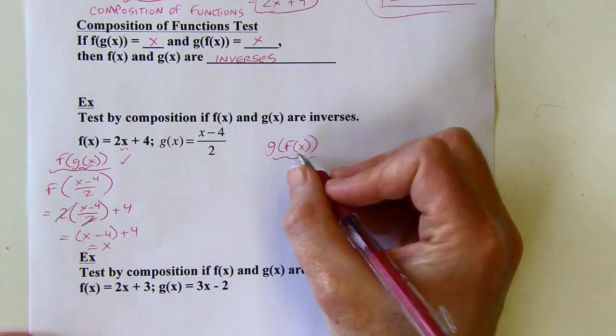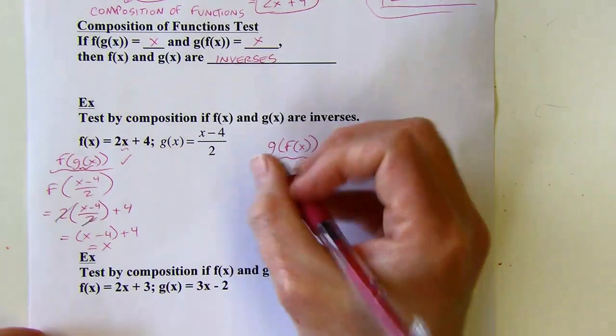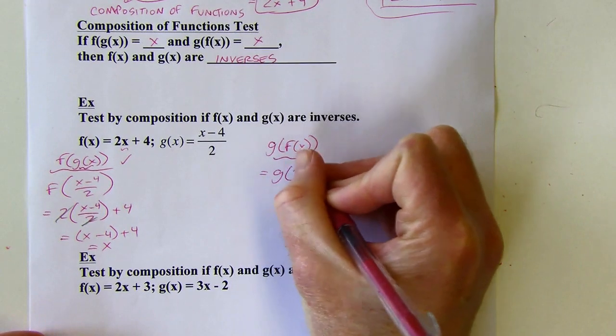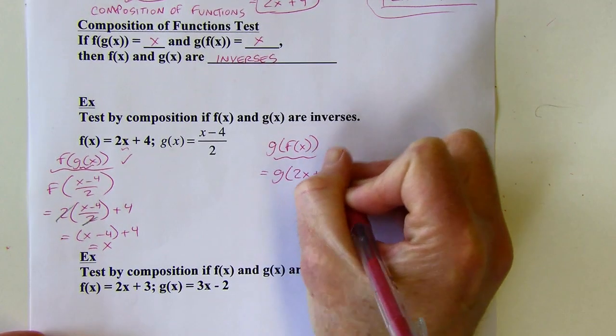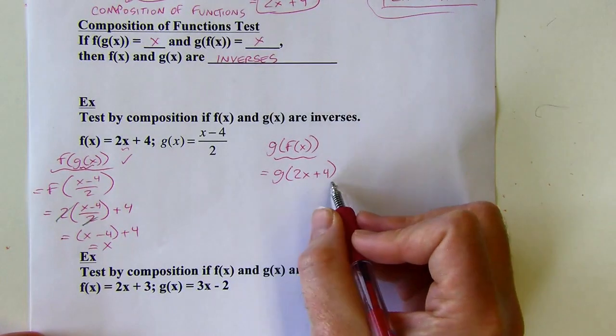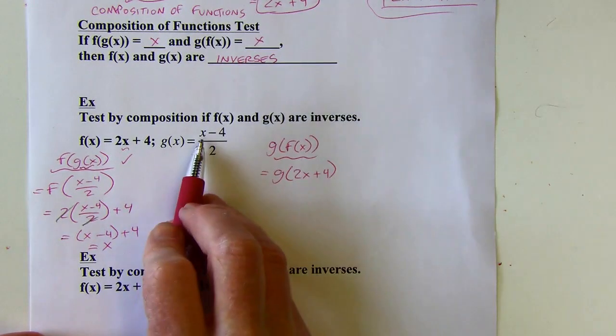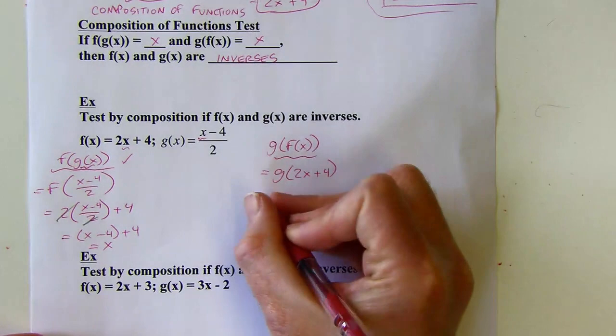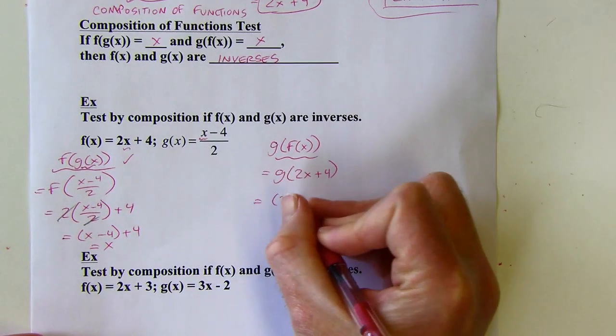Okay, so f of x is 2x plus 4. So this is g of 2x plus 4. I should have put my equal sign there. Now I'm inputting the quantity 2x plus 4 into function g. Where that x is right here, I'm replacing that with the quantity 2x plus 4.